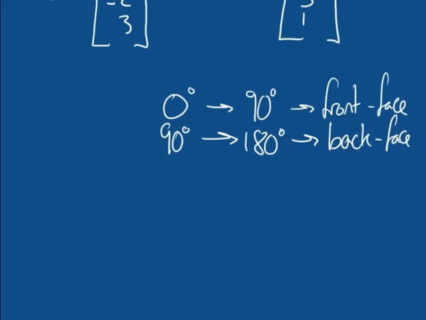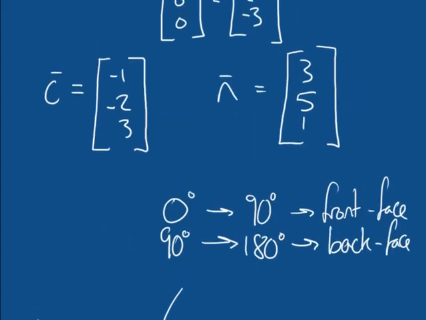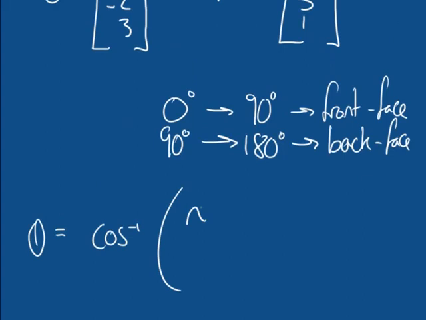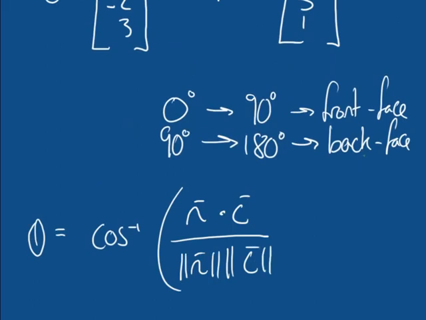So I know that the angle between these two vectors is going to be equal to the inverse cosine of n dot c divided by the length of n times the length of c.